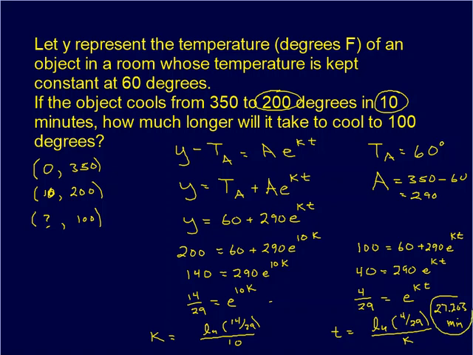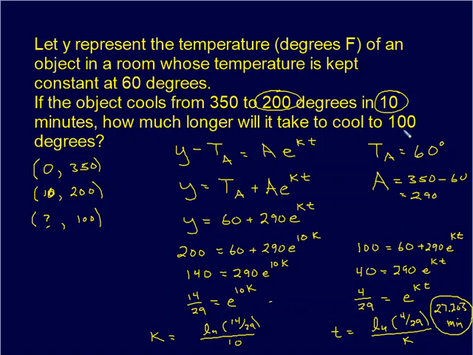Now I hope you caught this. This really isn't the answer to the question if you read it carefully, because it says how much longer will it take. Now that implies longer meaning after it had already passed the 200 degree mark, right? So it went from 350 to 200 in 10 minutes. Now we're asking how much longer until it gets to 100 degrees.